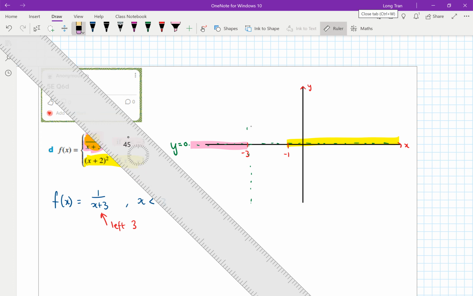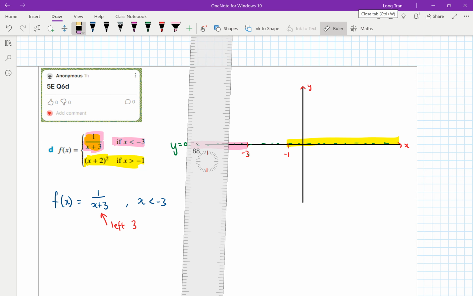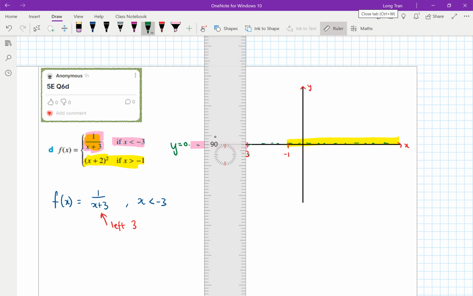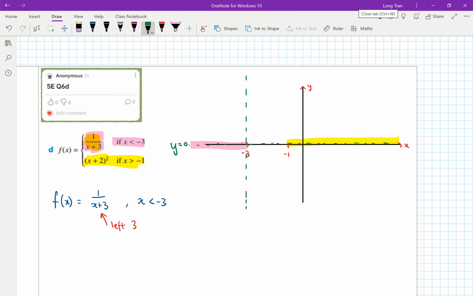So I should model how you should do it. I'll rub that out. You're meant to use a ruler, so I'm going to use a ruler for my vertical asymptote, nice and vertical, and label it x equals -3.